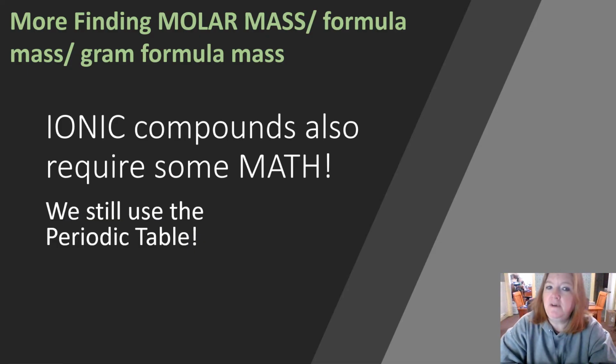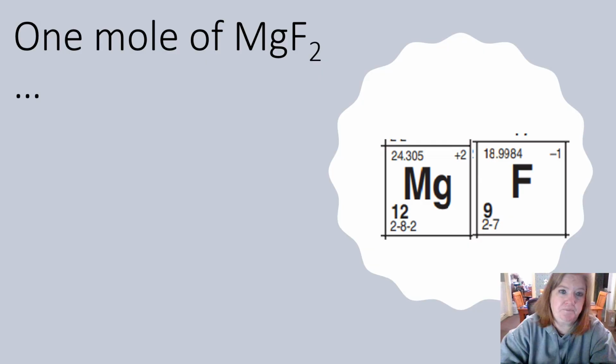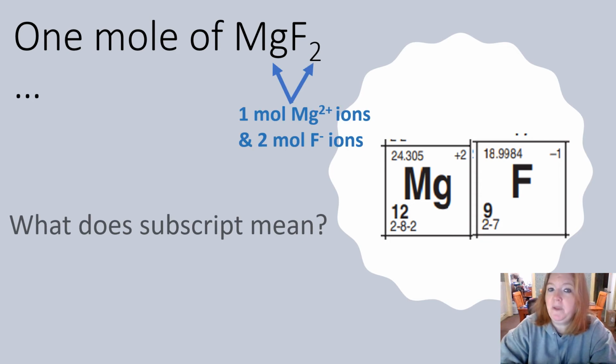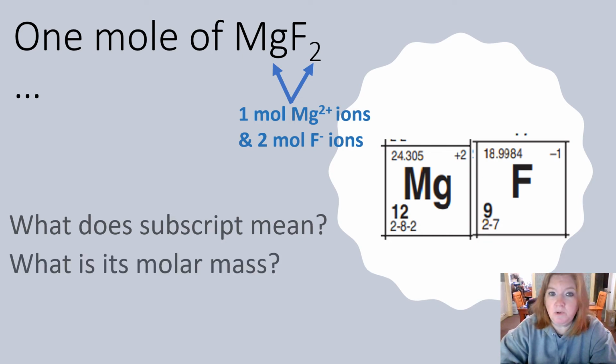All right, now finding the molar mass, formula mass, gram formula mass for ionic compounds also requires math. So if I have MgF2, what about the subscripts? Well, I have 1 mole of magnesium ions and 2 moles of fluoride ions. So what is its molar mass?